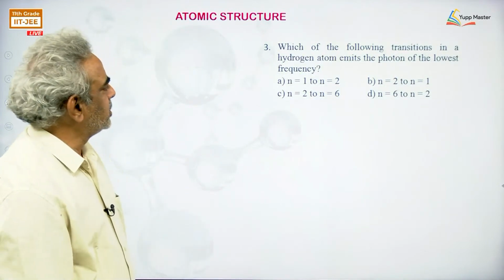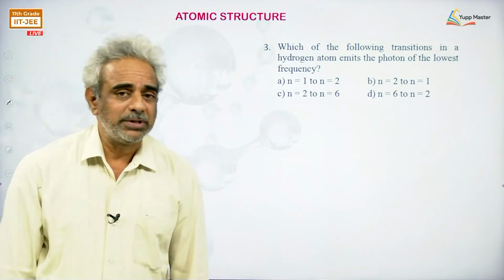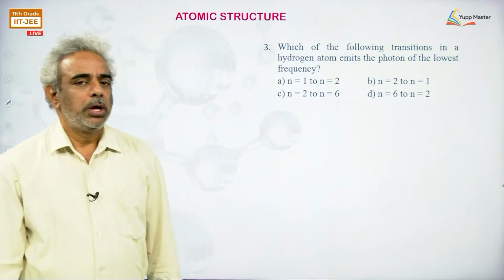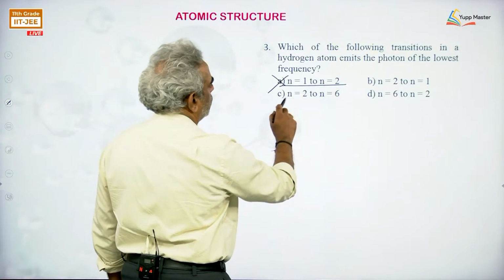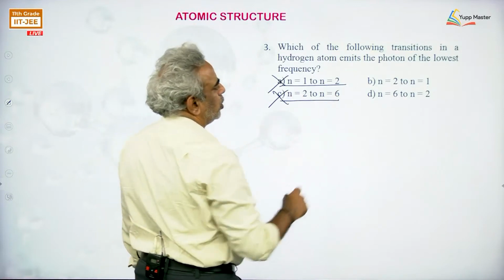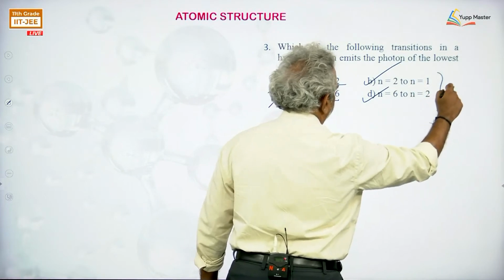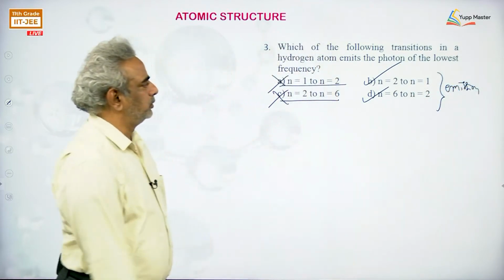Which of the following transitions in a hydrogen atom emits photon of lowest frequency? Now, emission we want higher state to lower state. So, 1 to 2 ruled out, 2 to 6 ruled out, 2 to 1, 6 to 2. These two give emission. But there is one more condition.